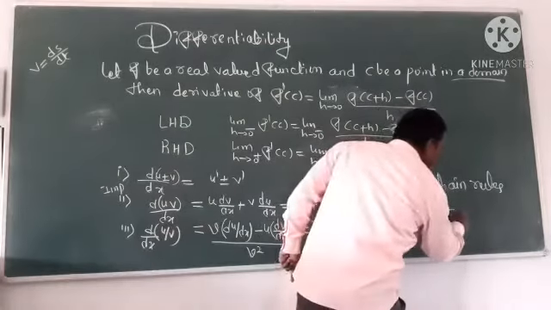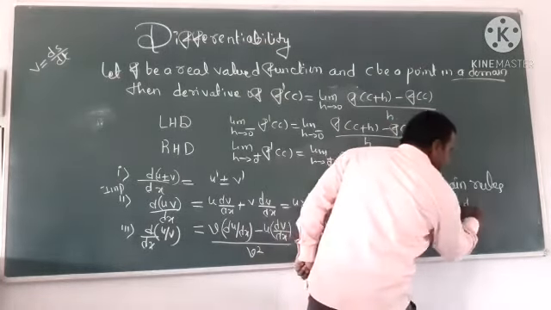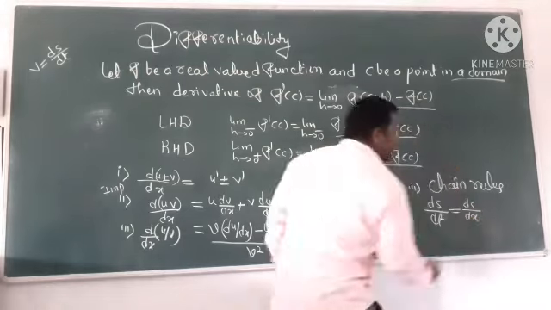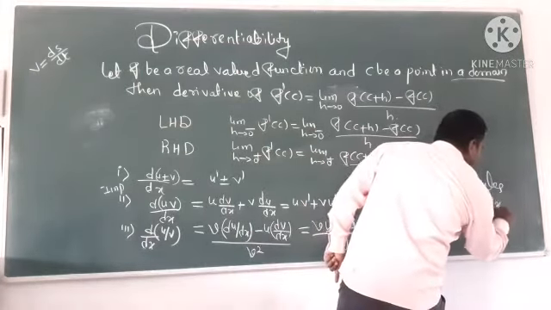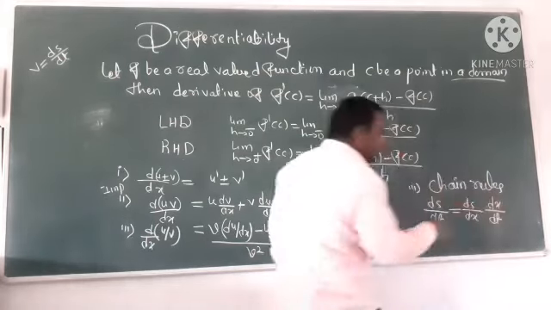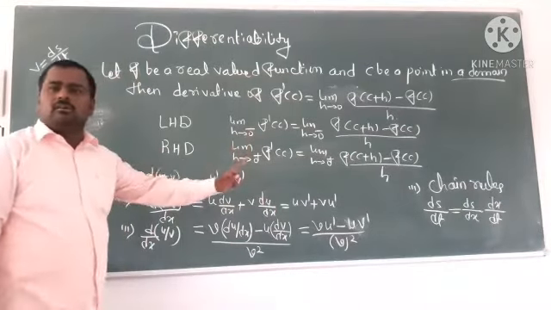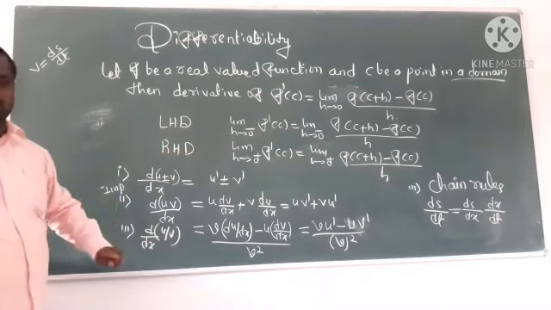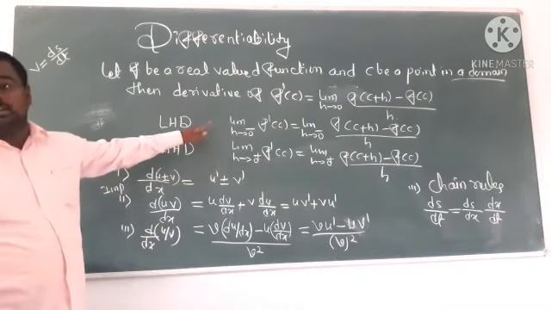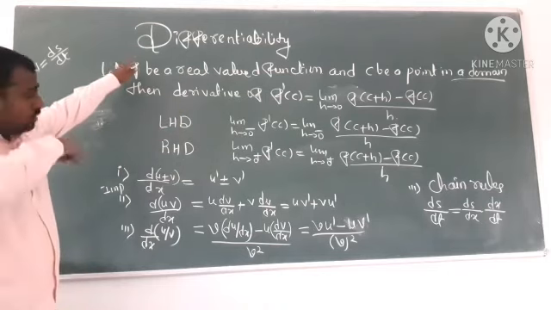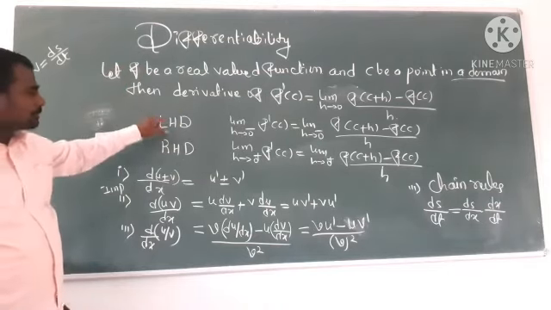Then I express the chain rule: ds by dx times dx by dt. When we cancel, the value remains the same. So these are the most important to start the journey, right? What do you mean by differentiability?